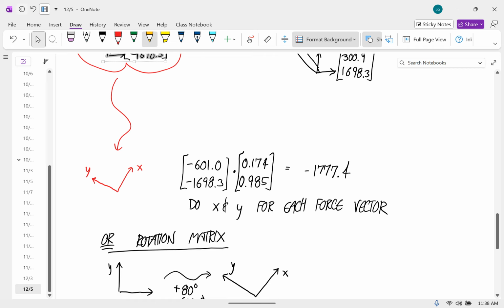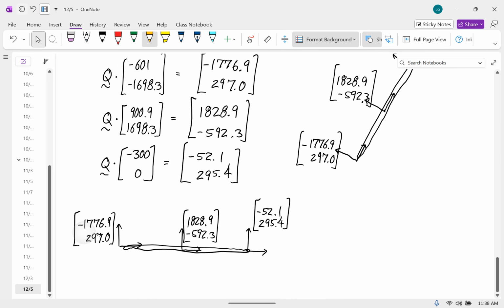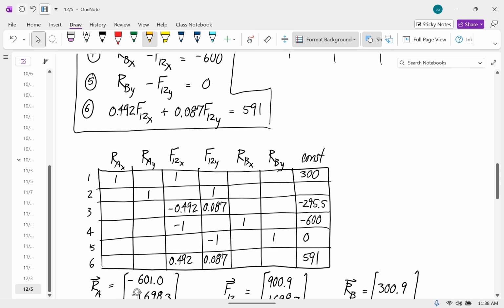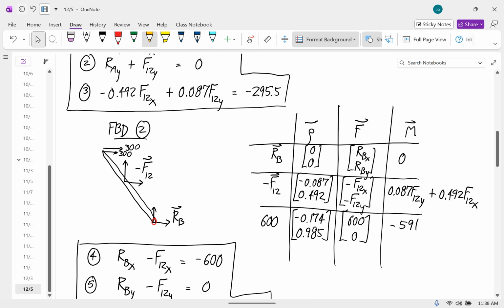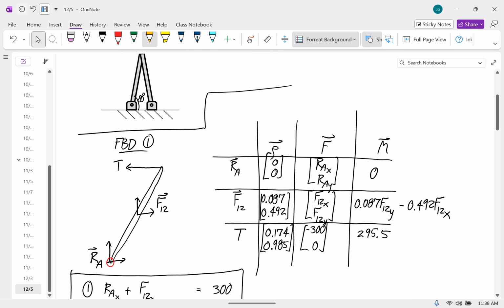So there are three force vectors, and we're just doing them one by one. The first one, we multiplied the matrix times RA. The second one, we multiplied by F12. And the third one, we multiplied by negative 300, 0. Just that T vector. Okay.